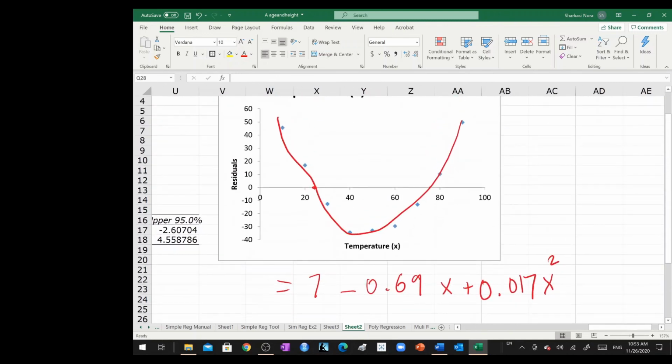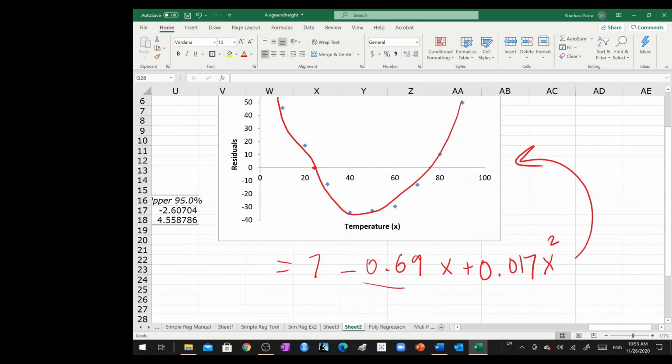In this case, lovely people, you just need to visualize, okay? In this case, it's going to be very tricky. You cannot just say, keeping everything constant, a 1 unit increase in x will cause a decrease in y. You cannot just say that. It depends on where you stand on the x-axis.